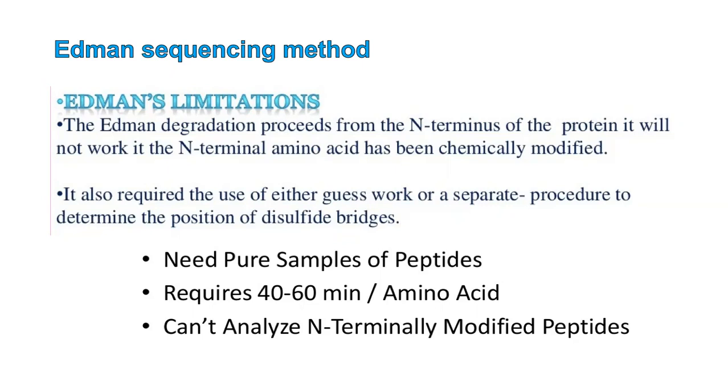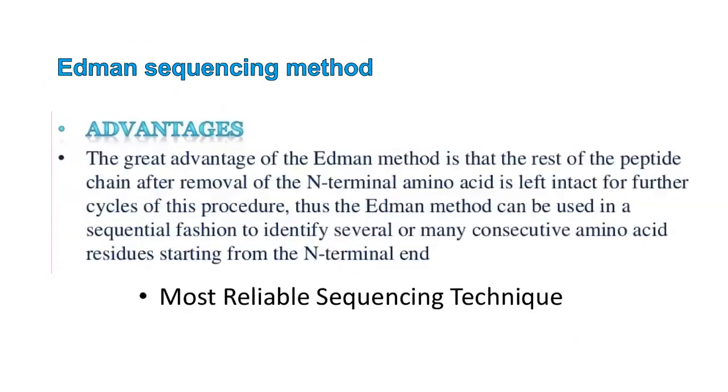So these are some of the small limitations of Edman's degradation method of protein sequencing, even though it is still considered to be one of the most reliable sequencing techniques, having great advantage over the other sequencing methods.